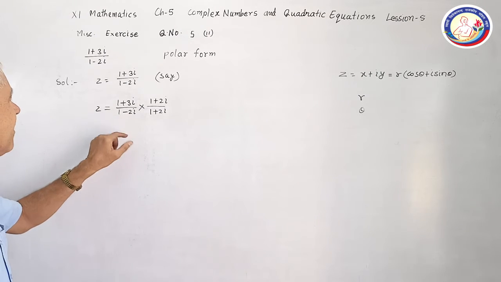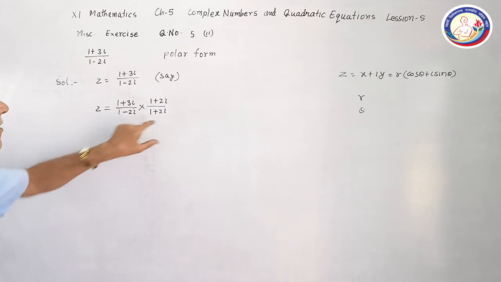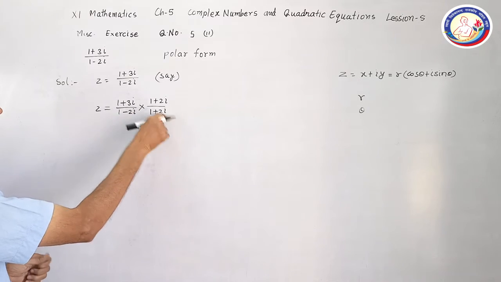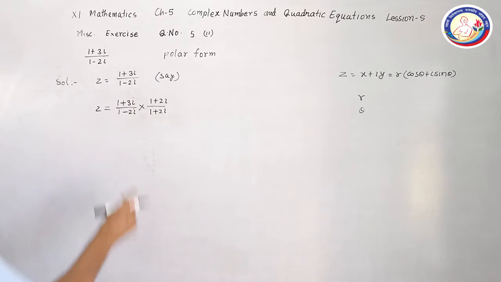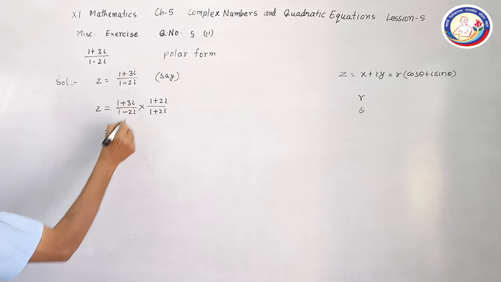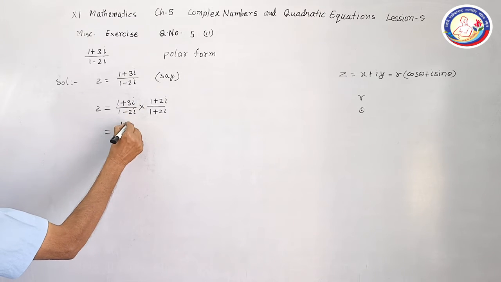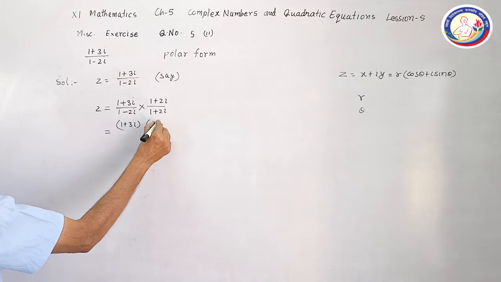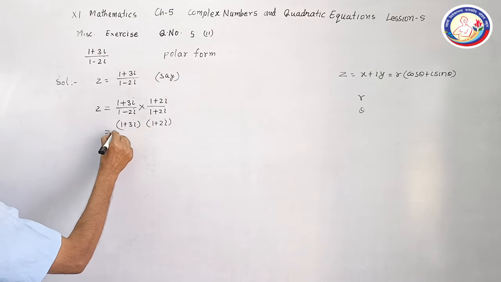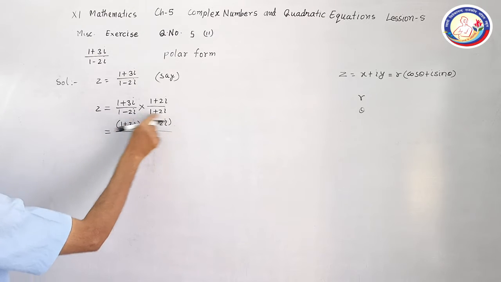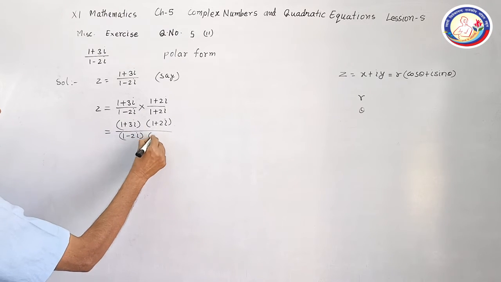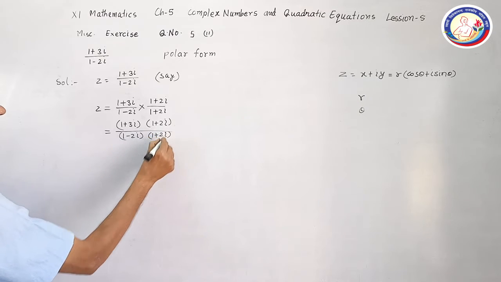What will happen? The multiplication will be free from iota and we will get it like this: in the numerator 1 plus 3 iota into 1 plus 2 iota. And here the product of these two factors, 1 minus 2 iota and 1 plus 2 iota.